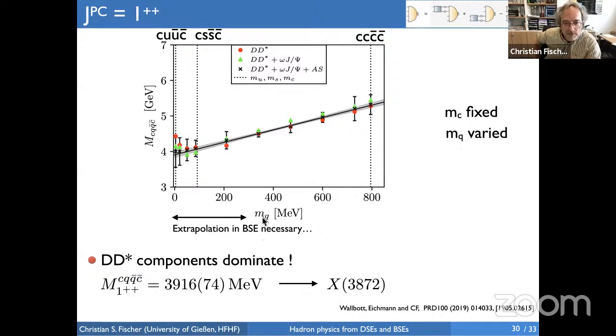So what you see here is the mass of the 2 light quarks. If the mass of the 2 light quarks is in the charm region, you actually describe a c c-bar state, modulo flavor and color structure. If we go down, at some point we have a c c-bar s s-bar state around here. And here at the physical point of the light quarks, we have a c u u-bar c-bar state. So this is the state which we should compare with the X(3872).